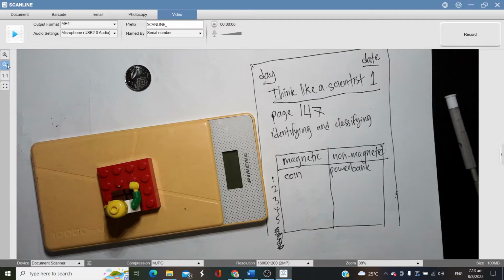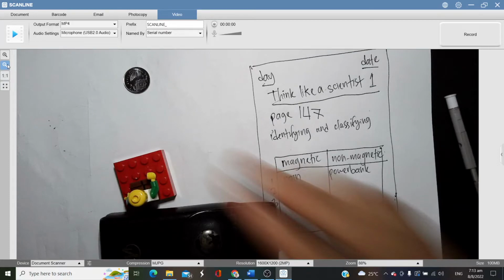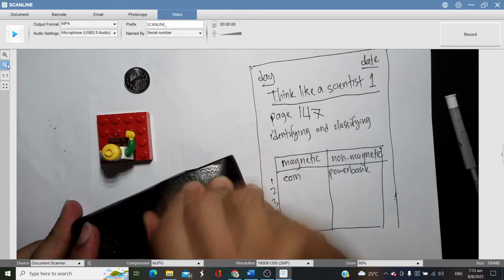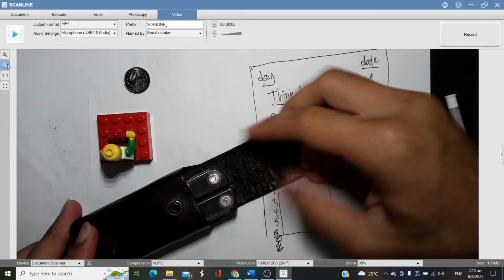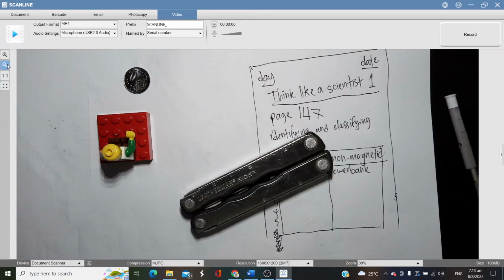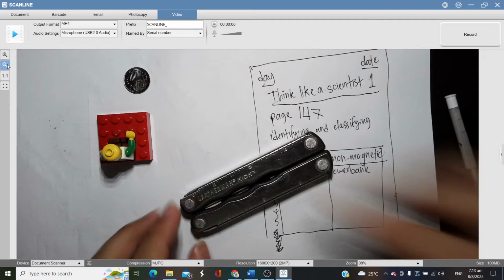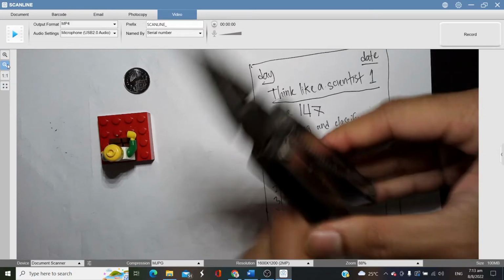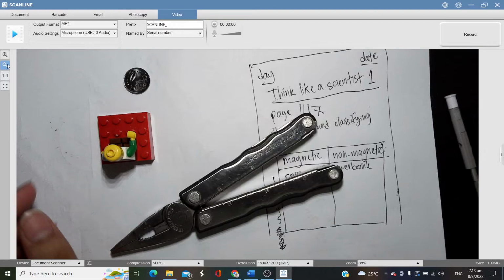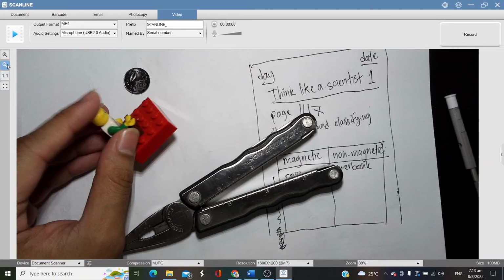What else? I have these tools. This is my tools. Okay, see, so let's try.